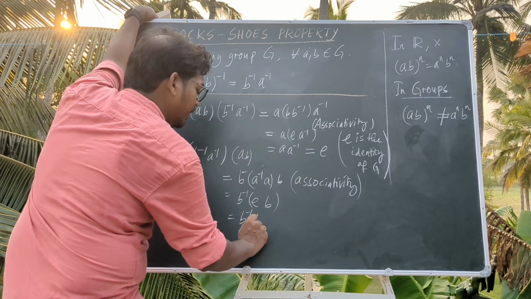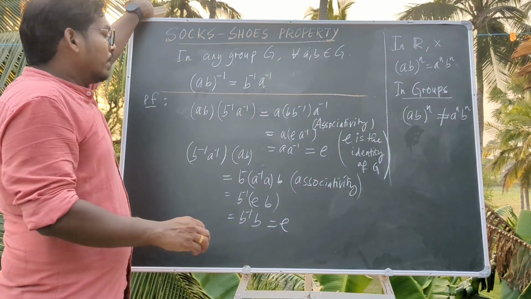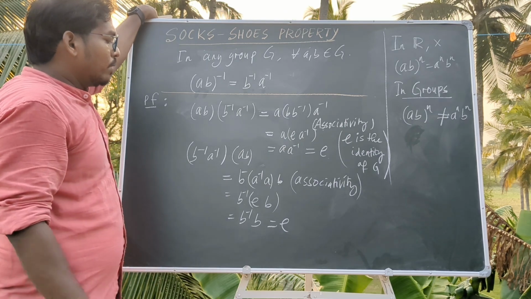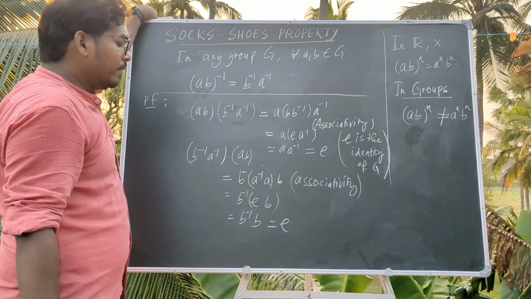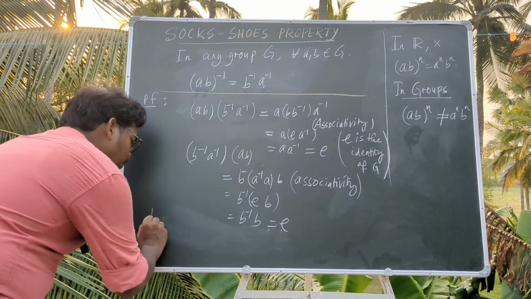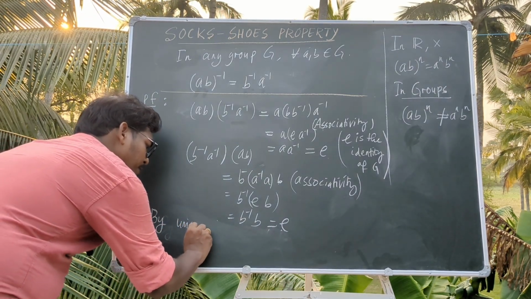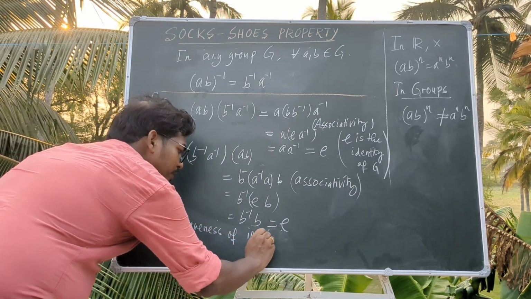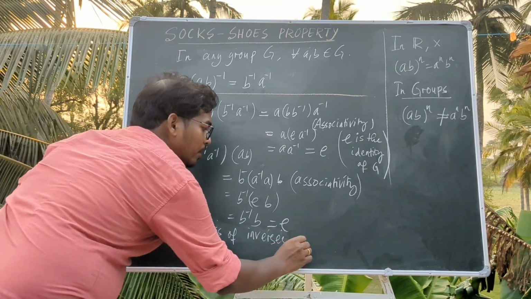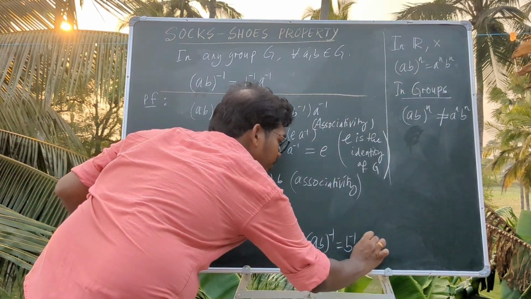And this is the same as b^-1 b, which equals e. So in any way we find that ab times this element is the identity, and by the uniqueness of inverses, we have (ab)^-1 is the same as b^-1 a^-1.